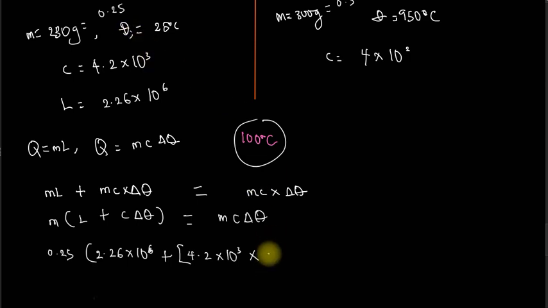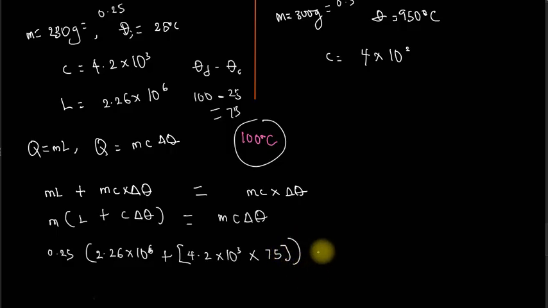We are going to have to use 100 degrees as our final steady temperature, right? 100 minus 25, that's what I'm saying, theta final minus theta cold. So 100 minus 25 gives us 75. So I'm just going to say times 75.